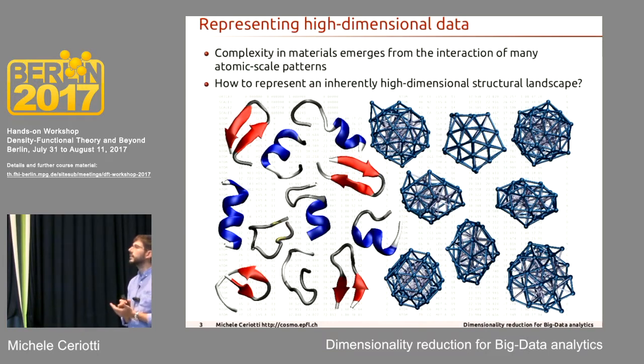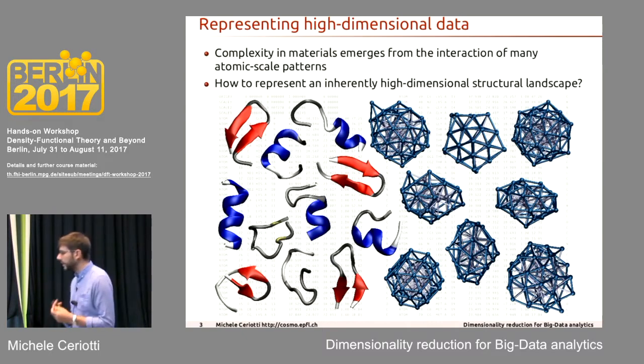Generally speaking, the problem that we want to solve here, if you wish, is that of representing a large amount of high-dimensional data. And these two things really go hand in hand, because if you have a large amount of data, but you know already from some magic that you have a simple way to reduce the complexity of this data to a few principal components, principal directions, then even if you have tens of millions of configurations, they really do not express that much variety, no?